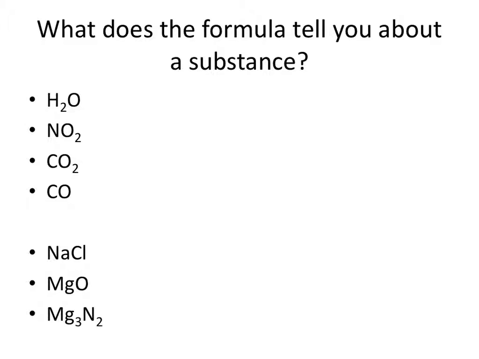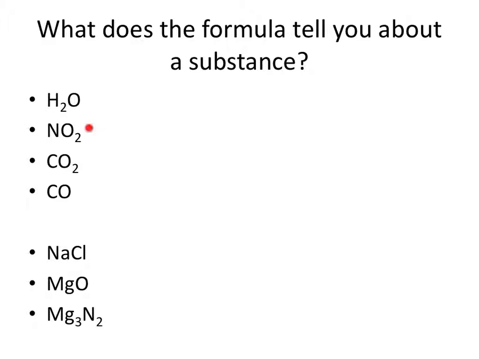Likewise, if I say we've got carbon dioxide, that means each molecule of carbon dioxide contains one carbon and two oxygens. And the final one, carbon monoxide, means each molecule of carbon monoxide contains one carbon and one oxygen.